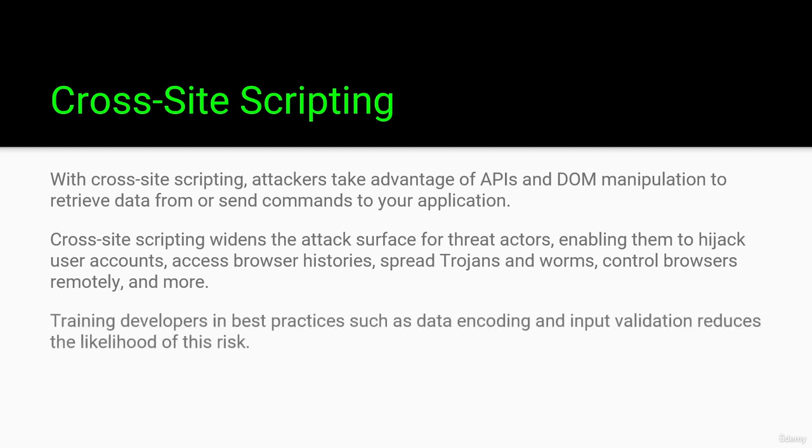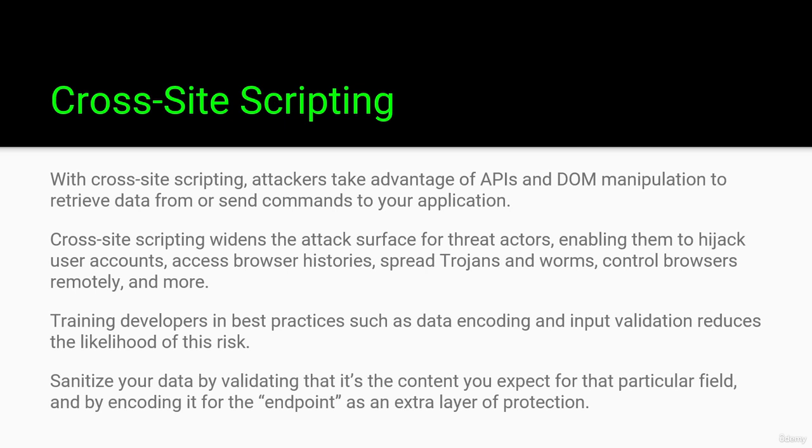Training developers in best practices such as data encoding and input validation reduces the likelihood of this risk. By the way, cross-site scripting is a very important and crucial vulnerability, and a lot of websites, like big companies, are affected by it. Now, sanitize your data by validating that it is the content you expect for that particular field, and by encoding it for the endpoint as an extra layer of protection.